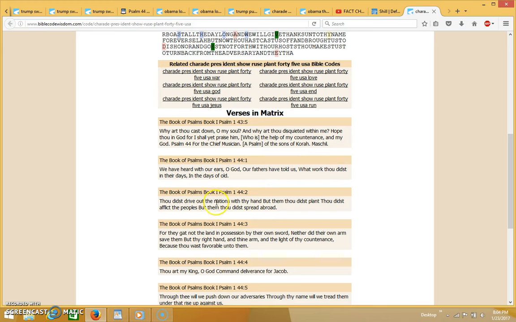Thou didst drive out the nations with thy hand, but them thou didst plant, thou didst afflict the peoples, but them thou didst spread abroad.